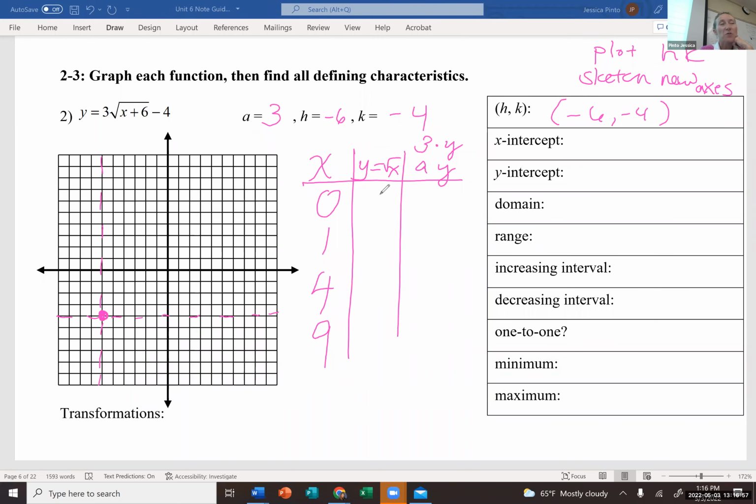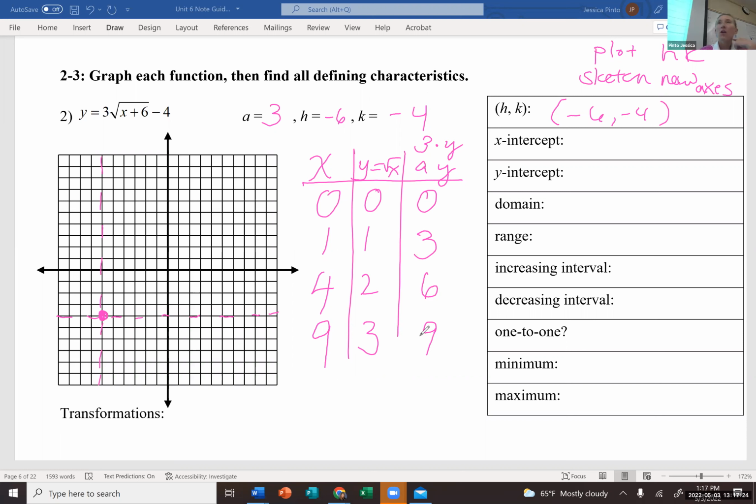What are those y values we get? Excellent. And now we're going to multiply these y values by 3 to get our AY values. And passing it on to Avery, what are those values? Yes, and I just wrote 1. I don't know why I didn't listen to you. 0, 3, 6, and 9.